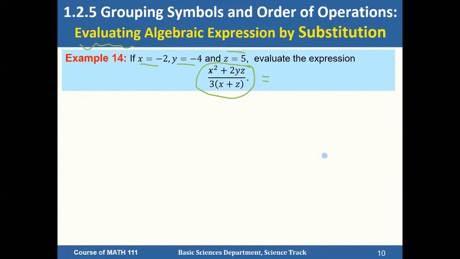So x is minus 2, so minus 2 squared. Here we must put the parentheses. This whole thing is the x. The square is on the minus and on the 2, on the whole thing.